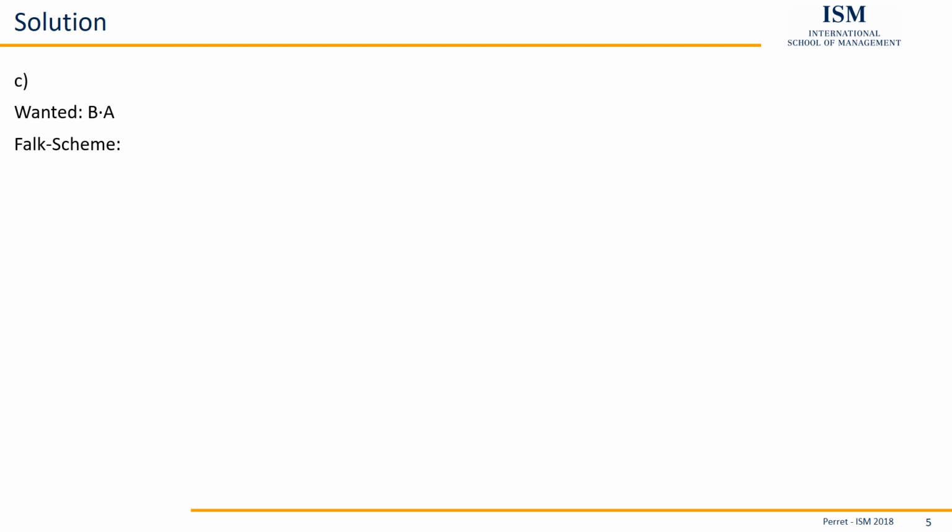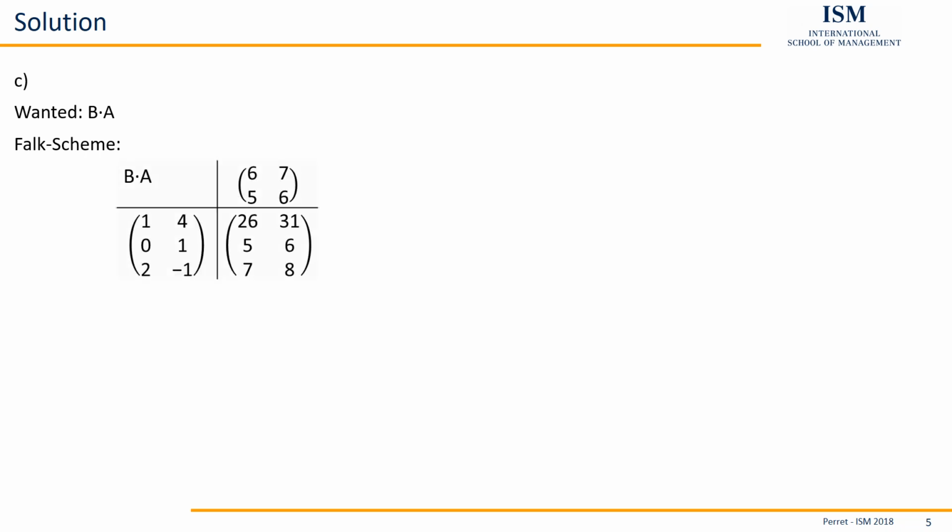Here as well we can use the fork scheme, and we know it's possible because here we're multiplying a 3 times 2 with a 2 times 2 matrix. So the number of columns in the left matrix coincides with the number of rows in the second matrix. And here we also see in a fork scheme there is a match for all the different columns and rows.